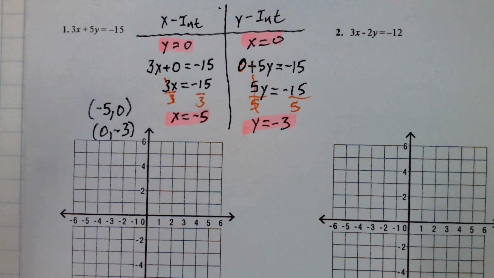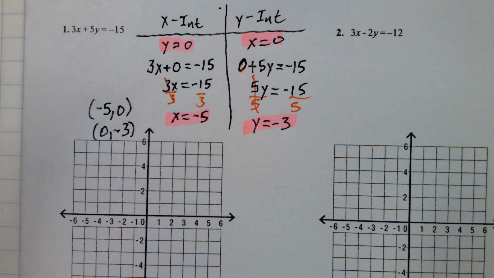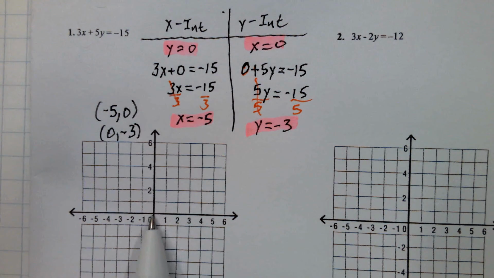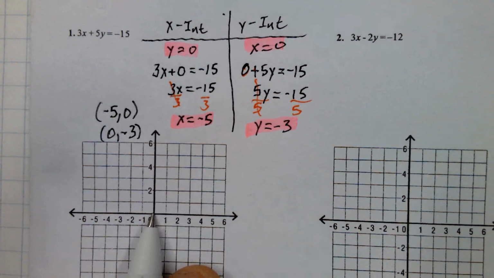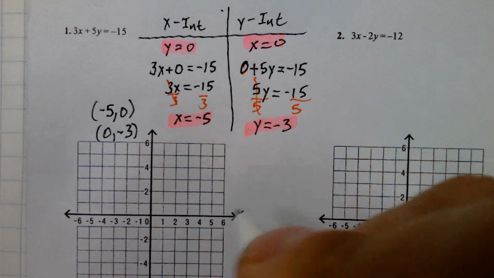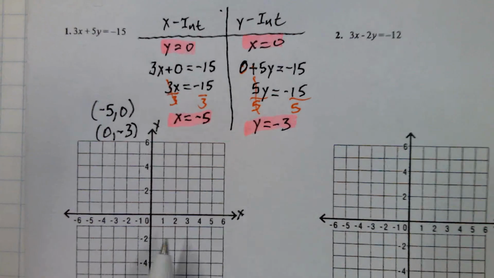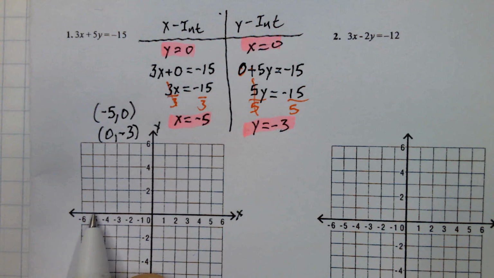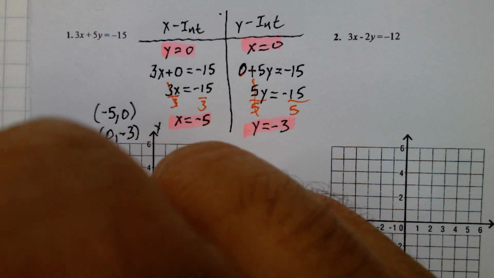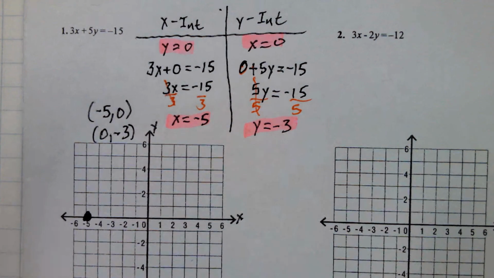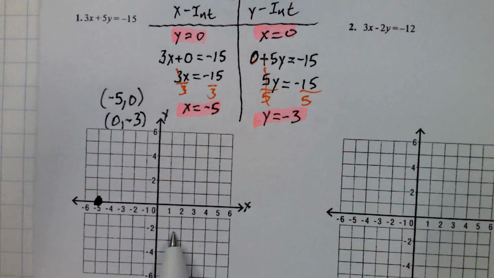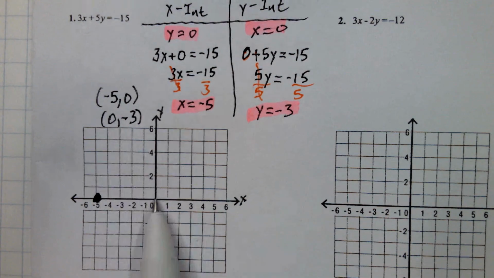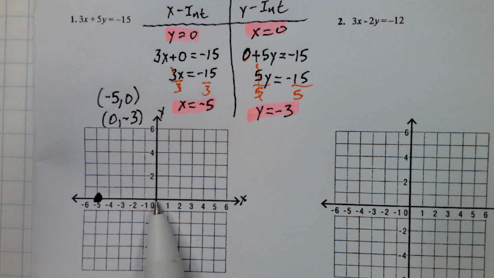Now, the only thing left to do is graph our line. So let's find -5, 0, and 0, -3. So -5, 0, here's your x-axis, here's your y-axis. Let's start at the origin. -5, 0 would be right here. Okay? And then 0, -3. How do I find 0, -3?